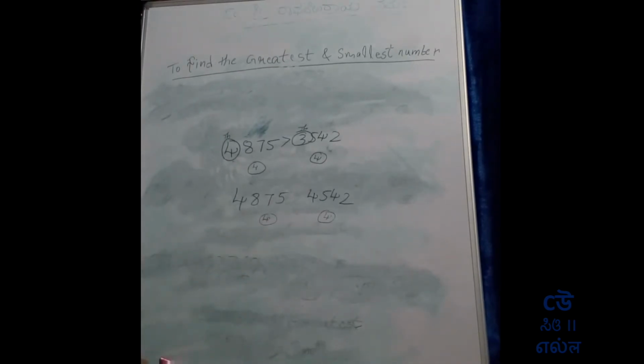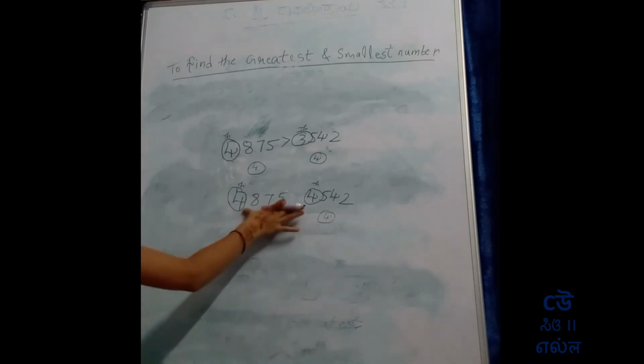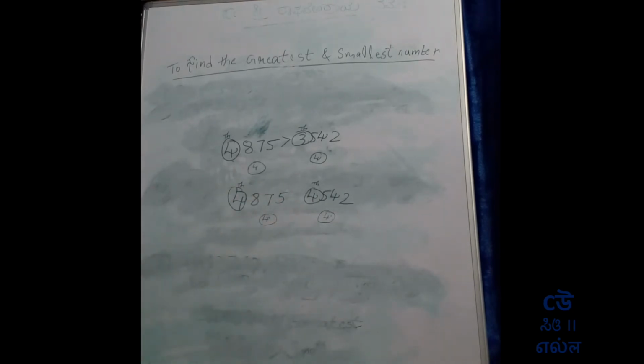So what is the next step we have to follow? We have to consider the place value chart, and both are in thousands place, so we'll consider both thousands place numbers. Both are 4 and 4, so again we have equal numbers.